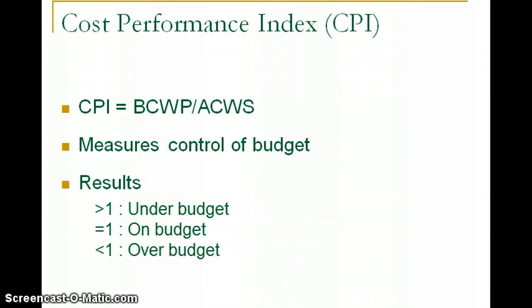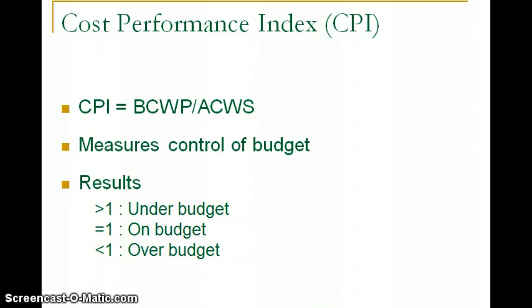The cost performance index, that is another gauge to check the financial success of the project. That CPI compares the BCWP, or budgeted cost of work performed, which would be your budgeted cost over the actual cost of work.